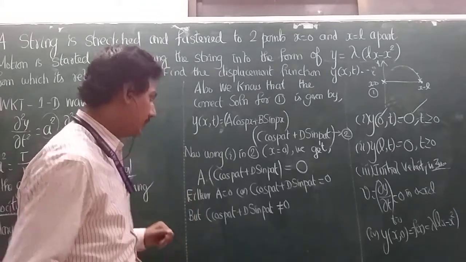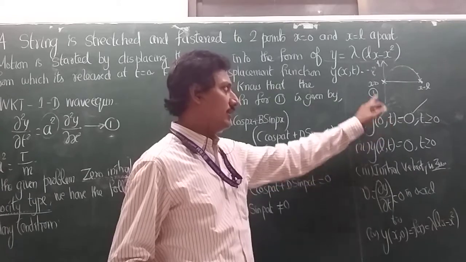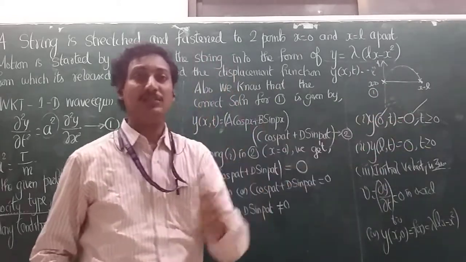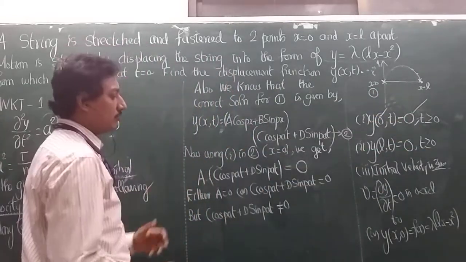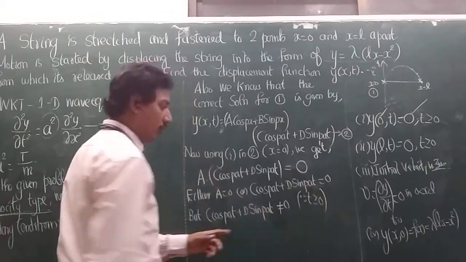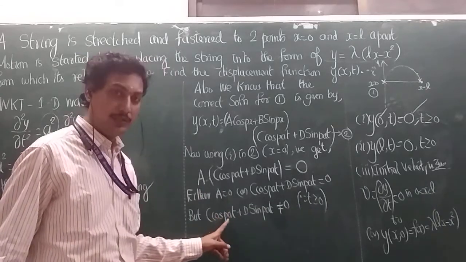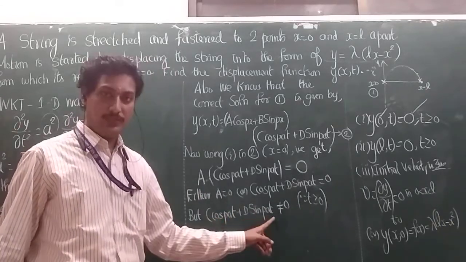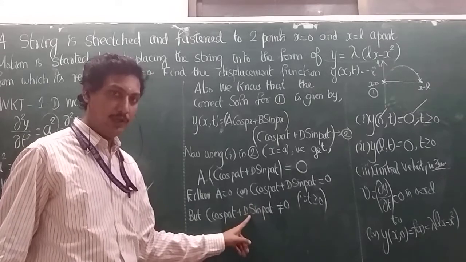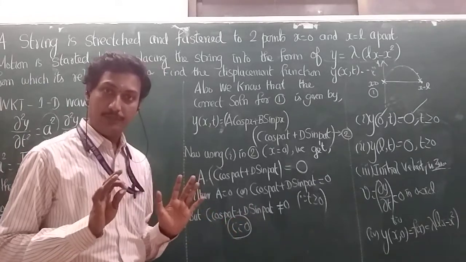The other reason is the first boundary condition: when x equal to 0, the displacement is 0 for all time t. The minimum value for t is 0, and when we substitute t equal to 0, cos 0 is 1, sin 0 is 0, so 0 into d becomes 0, c into 1 becomes c. So we get c equal to 0.